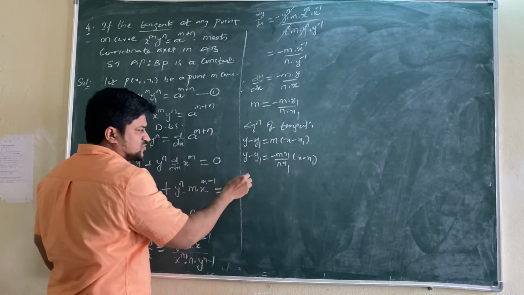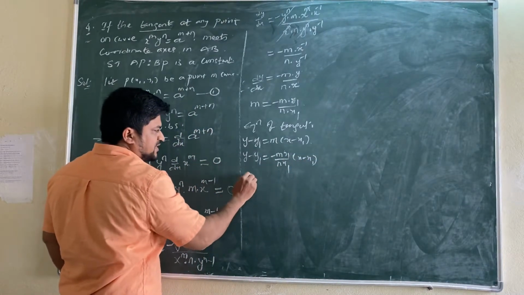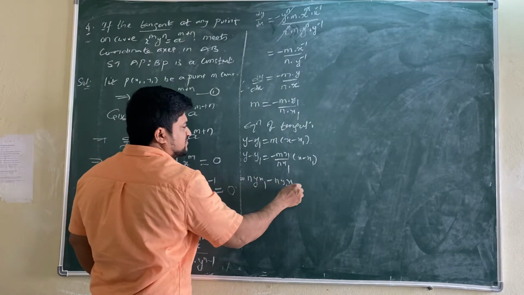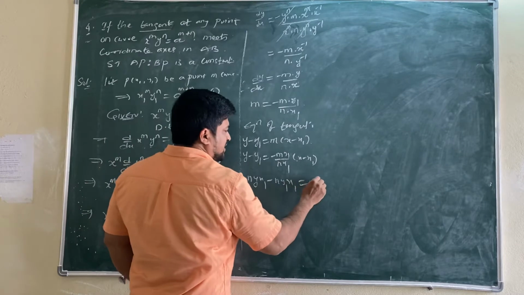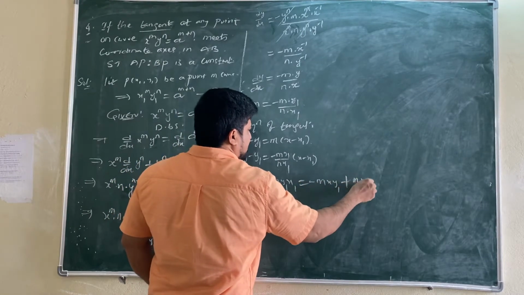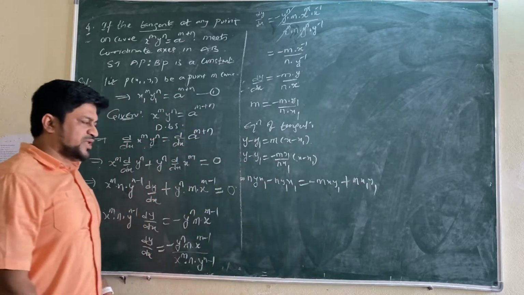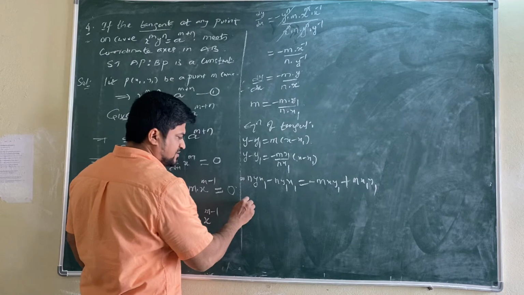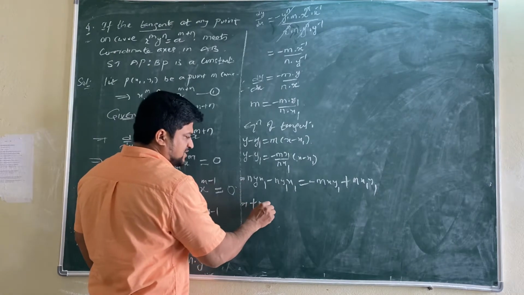As usual, what we used to do? Multiplying this one: n x1 (y minus y1) equals minus m y1 (x minus x1), so n x1 y minus n x1 y1 equals minus m x y1 plus m x1 y1. Now the negative terms on the left side, this x term value will take here: plus m x y1.